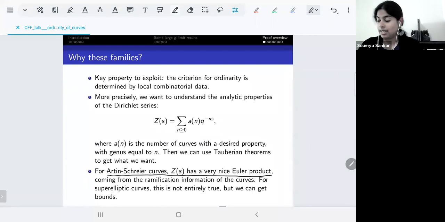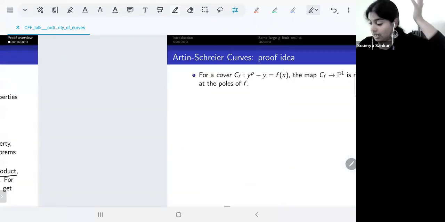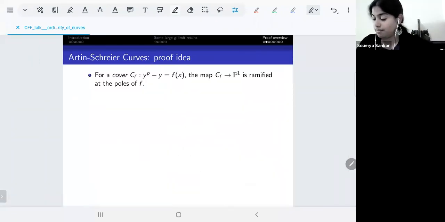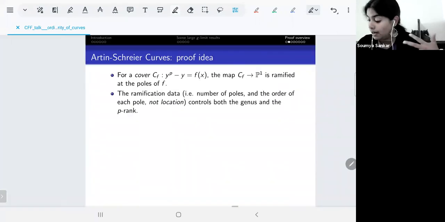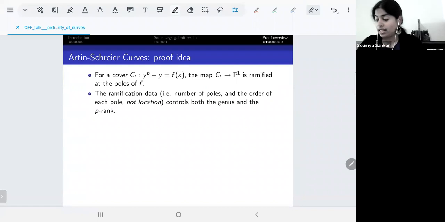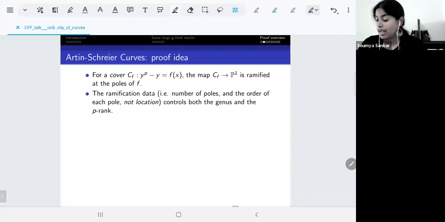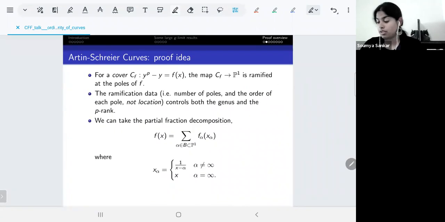Okay, so how is this actually captured combinatorially? Let's see what happens for, let's say, Artin-Schreier curves. If you write down an Artin-Schreier curve, let's call this C_f, where this is y^p - y = f. The ramification data controls both the genus and the p-rank.